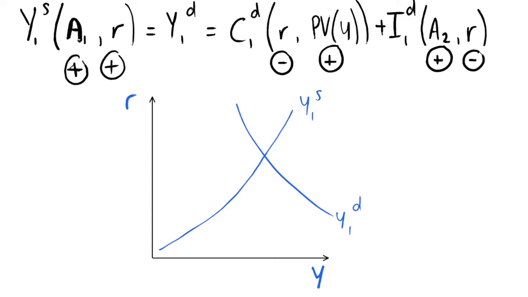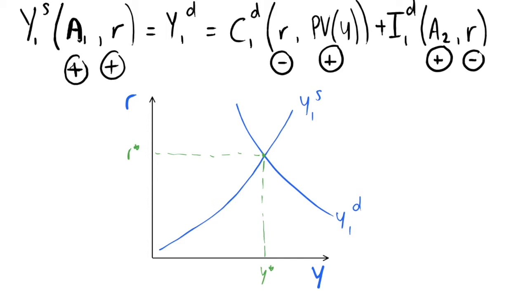Now, why have I drawn this like this? We'll quickly just show what our equilibrium is when these two are equal, y star and r star. Well, I've drawn the demand curve all the way over to the right, because what we're going to do here is split it into its component parts.